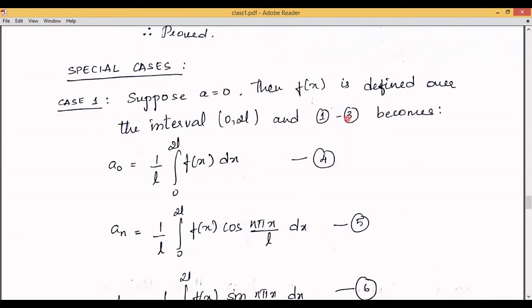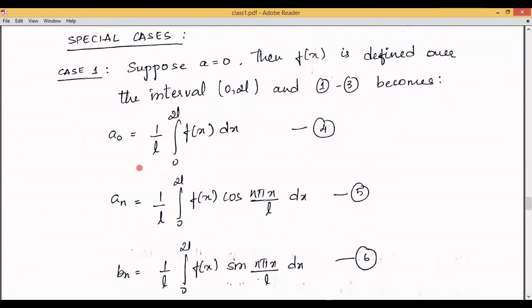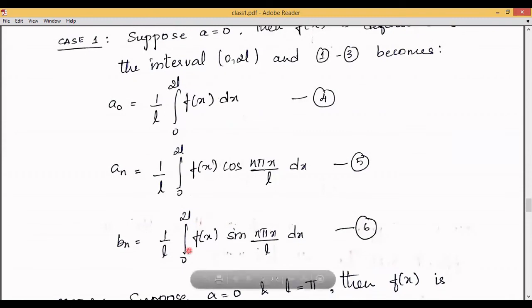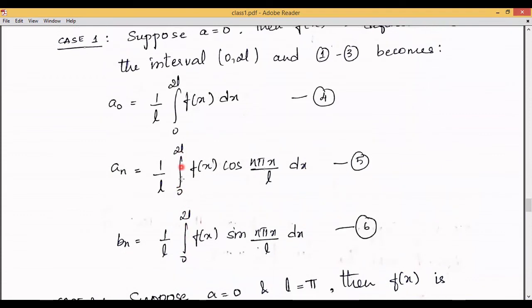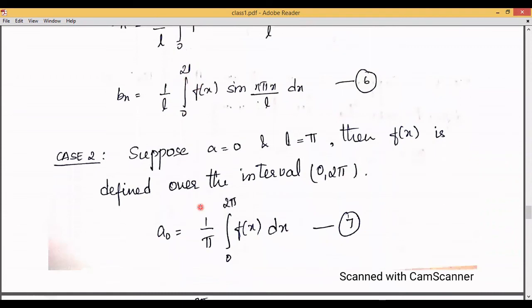And now Euler's formulas become a naught equal to 1 by l integral 0 to 2l f of x dx. See here, only the limits, upper limit and lower limit, get changed. Instead of a to a plus 2l, it becomes 0 to 2l. That's it.